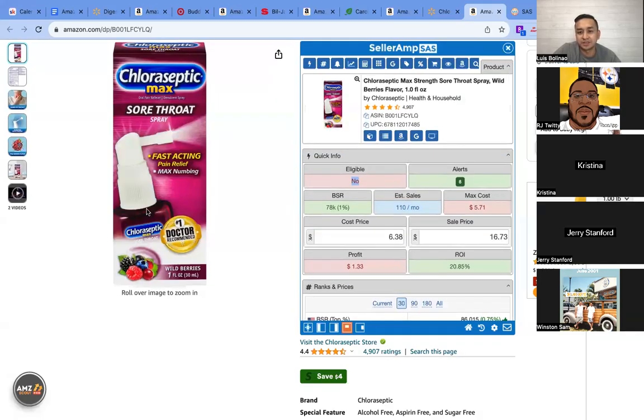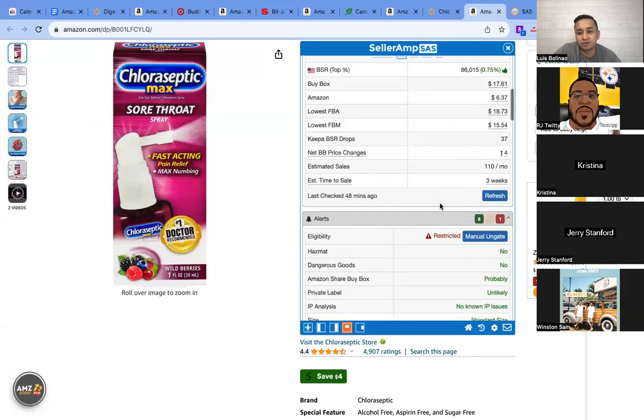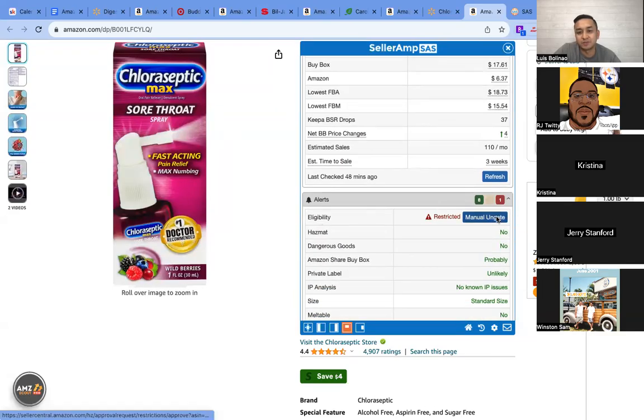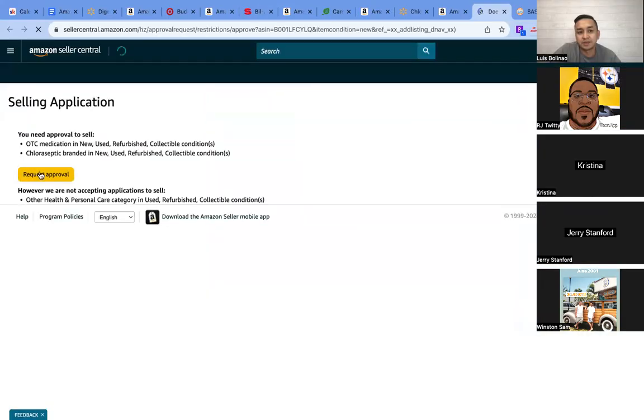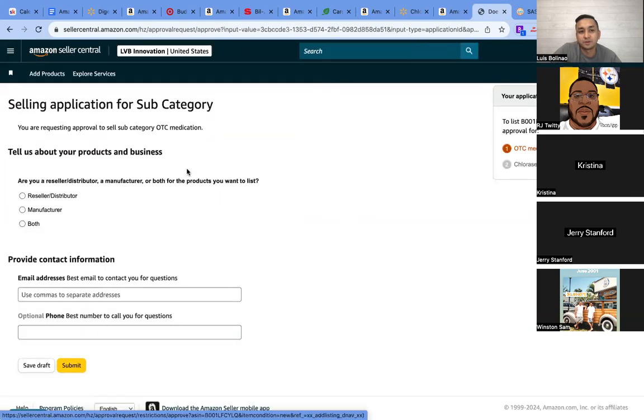You can also do this: if you see no here, you can go here on eligibility and then click on manual ungate, and then press approval. If you provide this information to Amazon, you can sell the product.